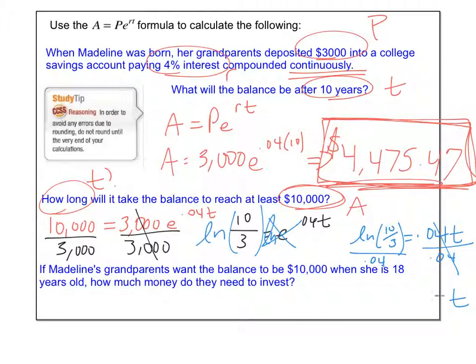I'm kind of going out of bounds here, guys, but you get the point. The natural log of 10/3 with your calculator, that value divided by 0.04 gives me approximately 30.1 years. So in approximately 30 years, her balance will be $10,000 if we deposit $3,000 initially.